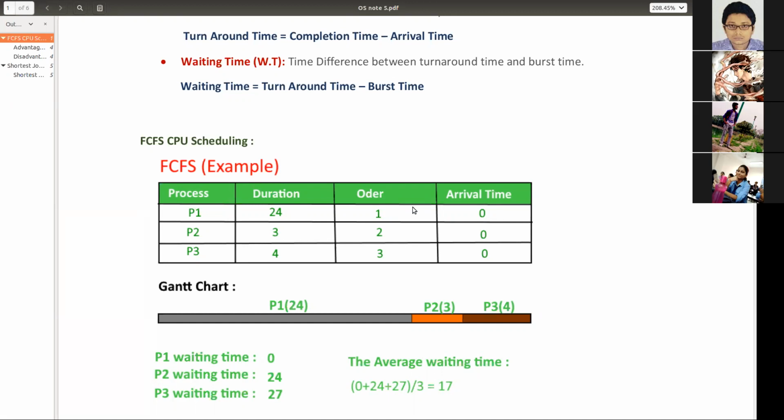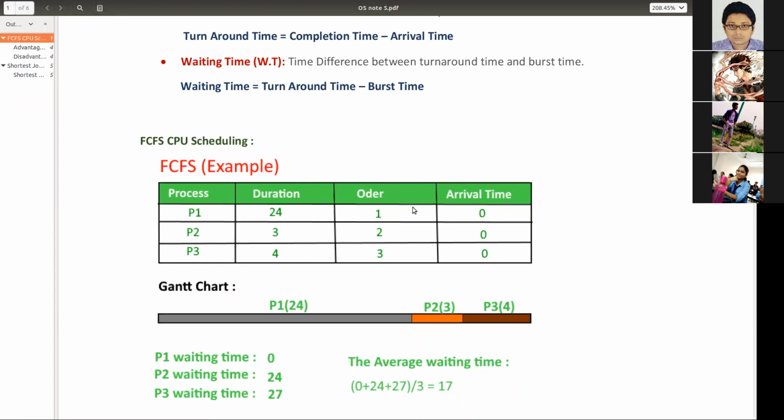Even if this order field is not mentioned in your question, if it is given that the arrival times are all the same, that could be 0, that could be 1, that could be anything, then for first come first serve, we will proceed as the processes are given in the order.